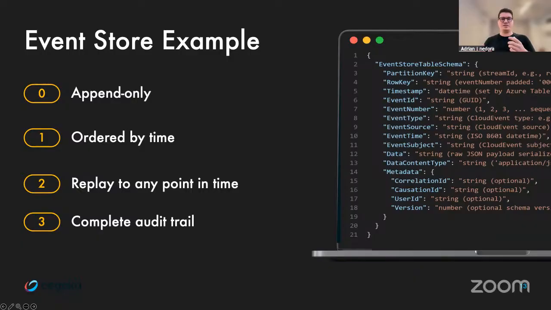Because of this append-only nature, we can replay events to any point in time, which is a very good thing when debugging, for example, but this comes with a cost, which we will find out later on. If we want to know what the state looked like last week, we can replay up to that point. Also, the append-only model helps with performance and reliability.